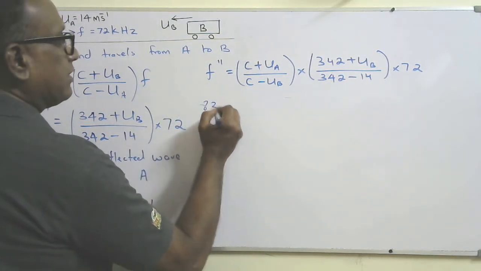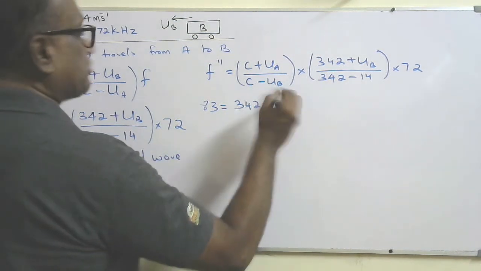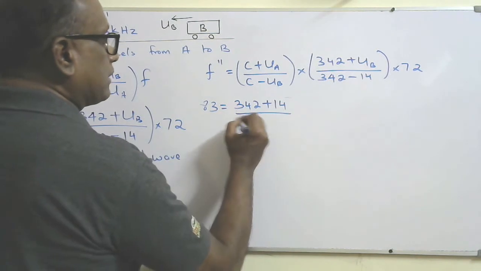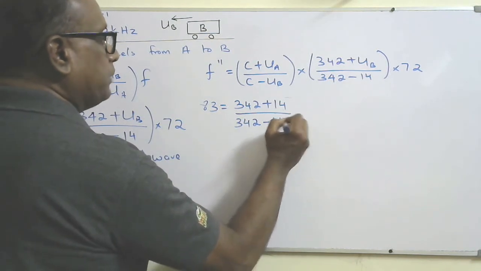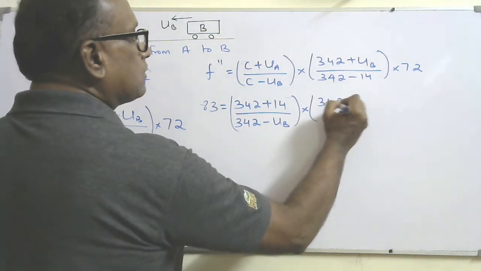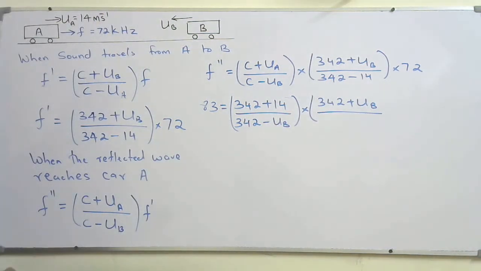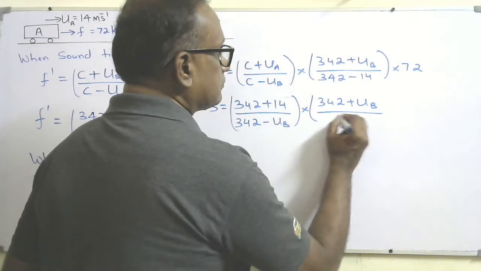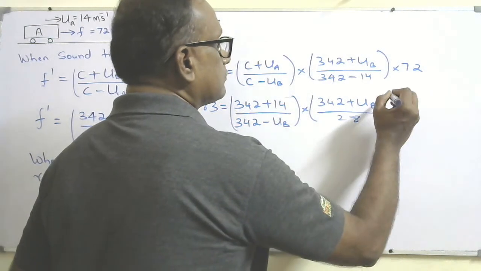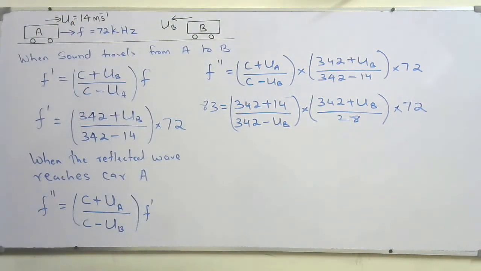So 83 equals 342 plus UA, that is 14, over 342 minus UB, into 342 plus UB over 342 minus 14, which is 328, into 72. Now the only unknown is UB.